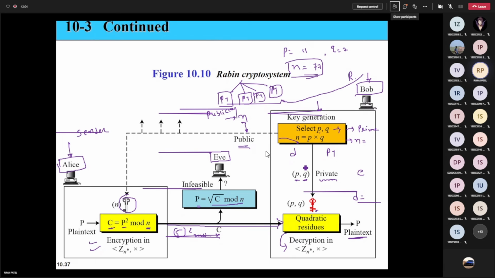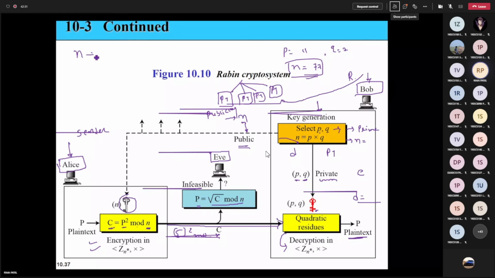But here, the P and Q tuple is the private key. I have a pair. And the equation of decryption is root C mod n. We will simplify this equation and I will show you how we get these 4 different plain text values.